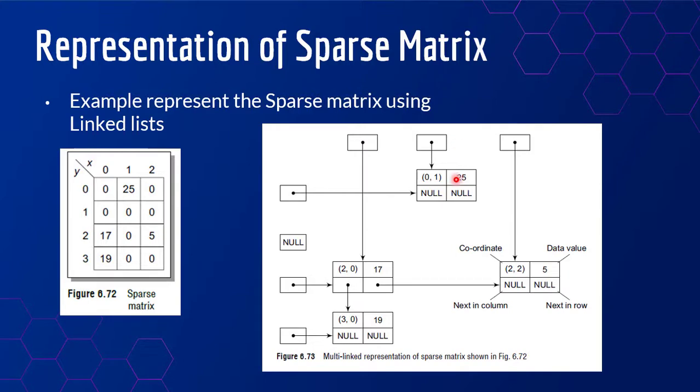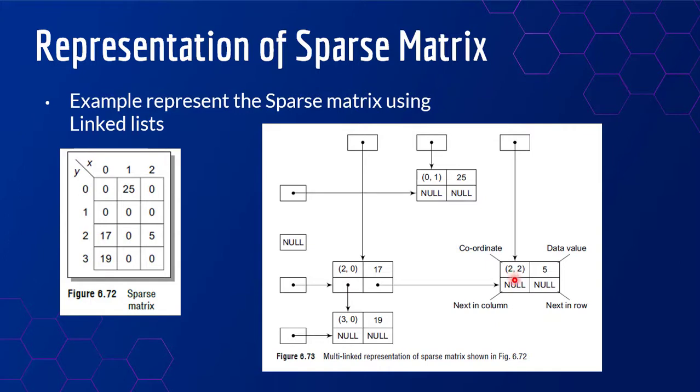The same way for this one: in the column you have one node that is connected like this. Now we have to check, is there any node after this node in the column? There is no node after it in the column, that's why we put null in the column field.